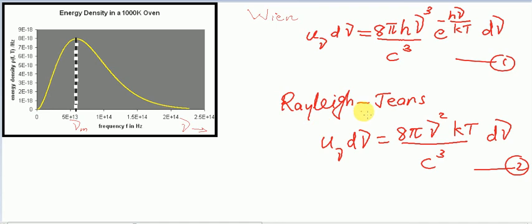William Wien, based on some thermodynamic experiments and arguments, obtained an expression for the energy density in a region nu and nu plus d nu as u nu d nu equal to 8 pi h nu cube divided by c cube e to the power minus h nu divided by k T d nu.